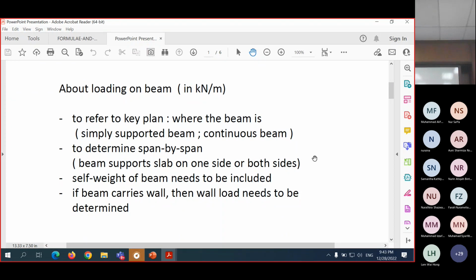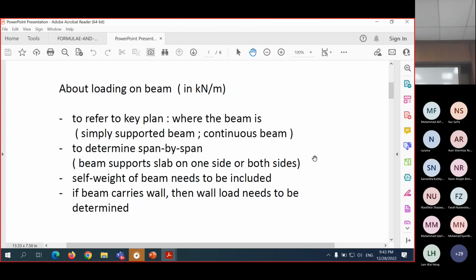And it refers to the key plan, where is your beam? So simply supported beam or continuous beam or edge beam or interior beam. So you have to refer to your key plan, because that is where you see where the loading comes from.